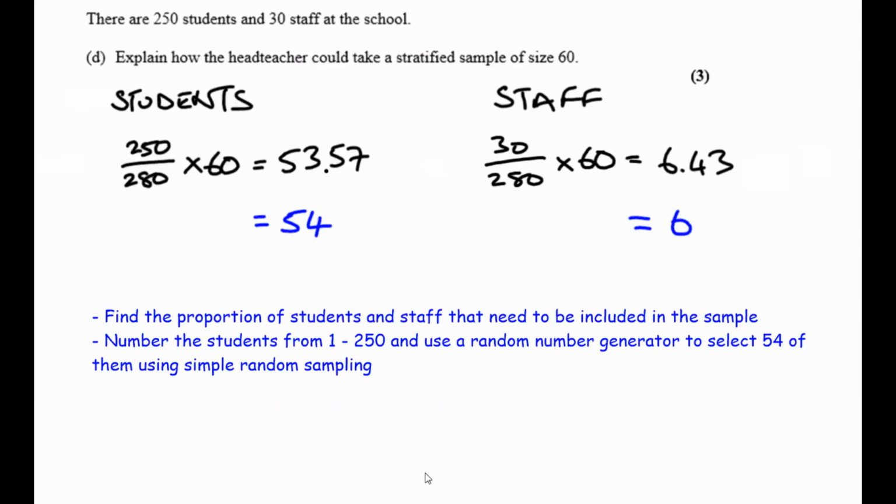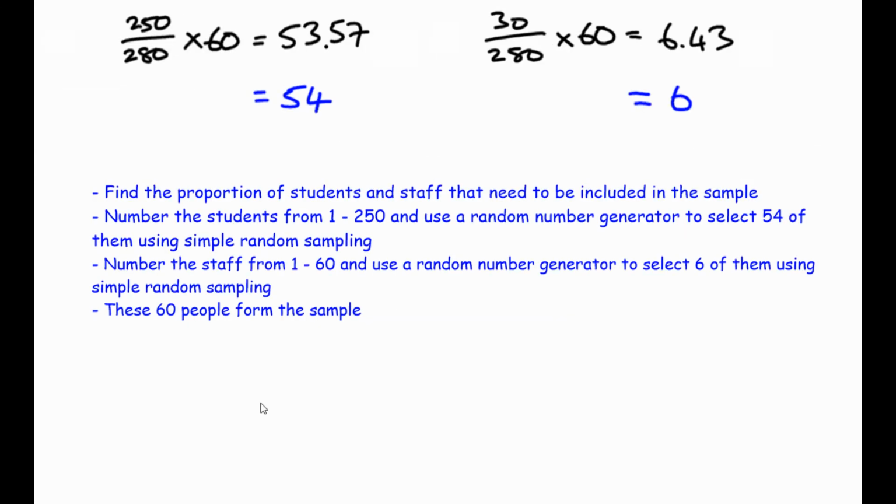So number the students from 1 to 250 and use a random number generator to select 54 of them using simple random sampling. We'll go ahead and do something similar for the staff. Okay, so once we've selected 54 of the students and 6 of the staff, these 60 people will form the sample that the head teacher was looking for.